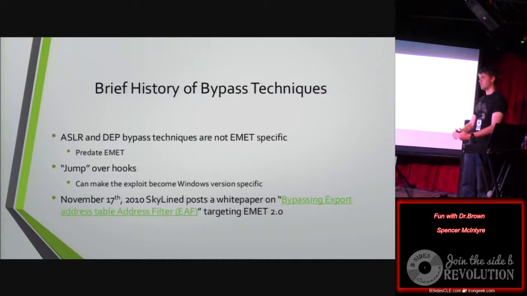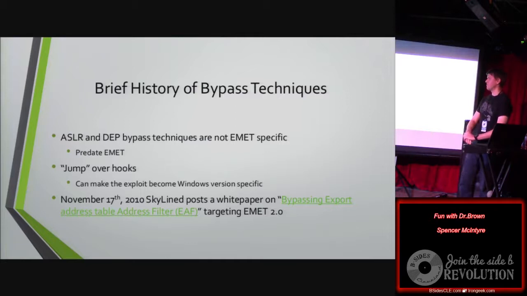So if you jump over that, you need to know what that is, and that's going to make the exploit dependent on the version of Windows as well as dependent on the version of the DLL. So while this technique works if you know everything there is to know about the environment, and could be a proper technique, it doesn't really work for real-world type attacks because we don't always know that information, and we don't want our exploit to be dependent on the Windows and DLL versions because that's never really a good idea. It makes them very unreliable.